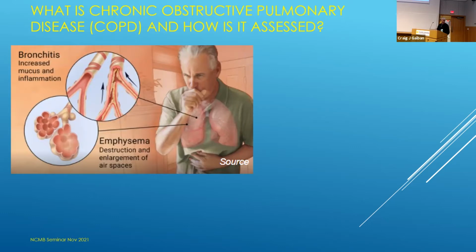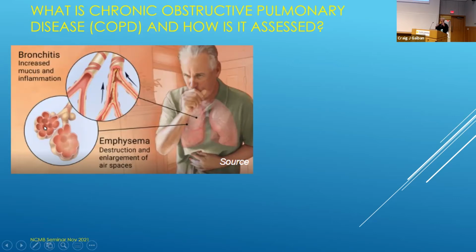Unlike bronchitis, emphysema is a one-way street. So once it starts, it doesn't stop. What emphysema is, again, you're exposing the tissue to something, you're eliciting an immunological response. But what happens is the immune system begins to break down the alveoli. And I hope everyone can see my mouse. This is what the alveoli should look like.